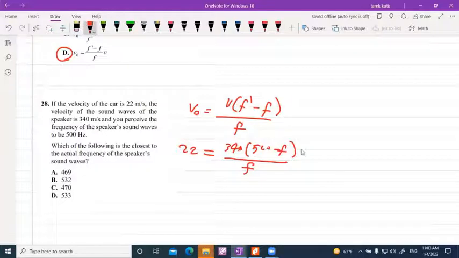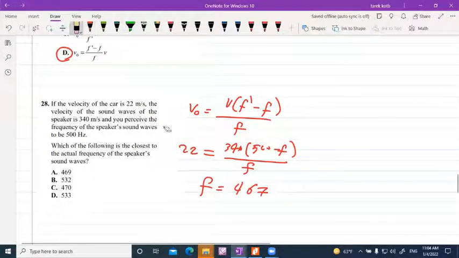To get F, it will be 467, so it will be 470. This will be number C.